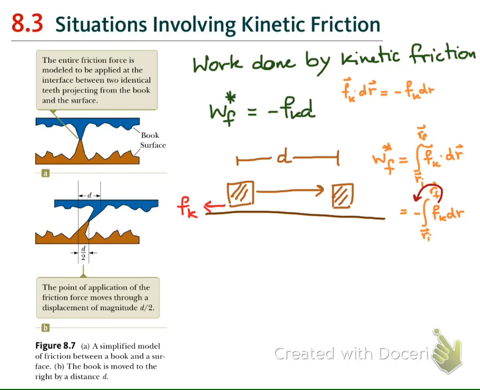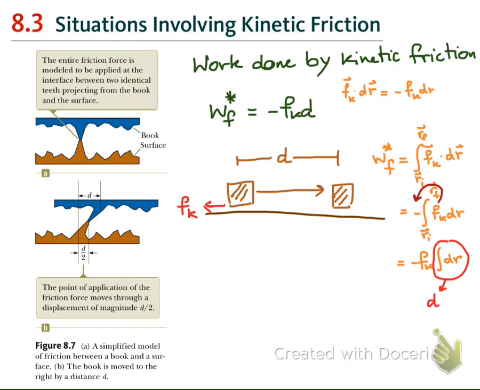So we have that this is equal to the minus of F_k times the integral of dr, and the integral of dr here is the distance d. Okay, so finally we have this equation.